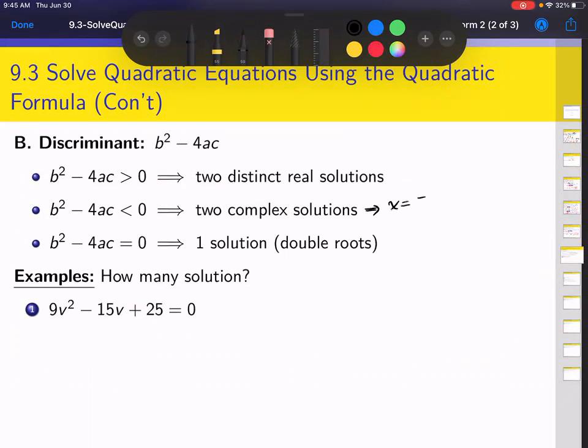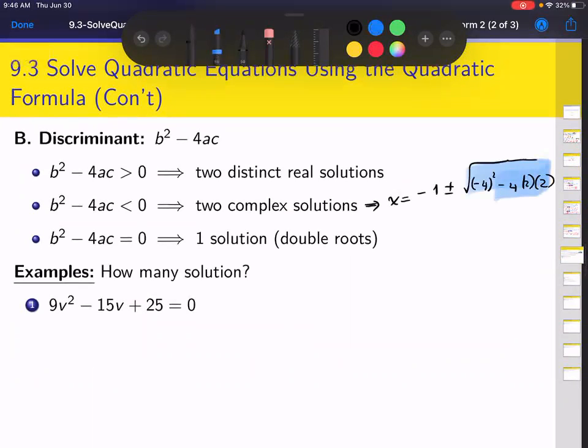I have x equal minus 1 plus or minus negative 4 squared minus 4 times 2 times 2, over 2a, so over 2 times 2, of course.